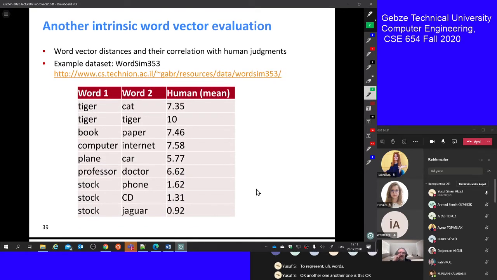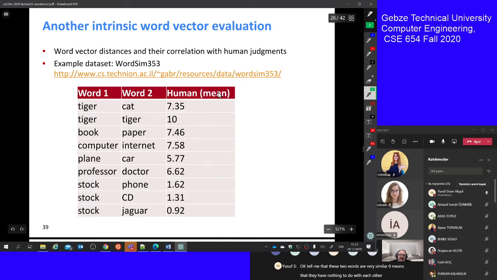Similarity again. Human judgment. I will compare the human judgment with the word-to-vec similarities and the GloVe similarities. You ask people to give you a number between 0 to 10. 10 means that these two words are very similar. 0 means that they have nothing to do with each other.